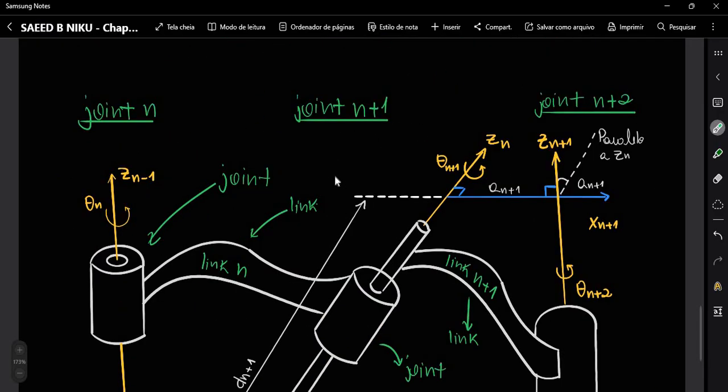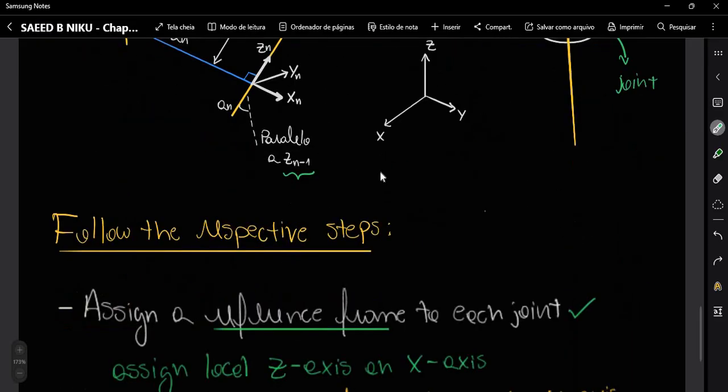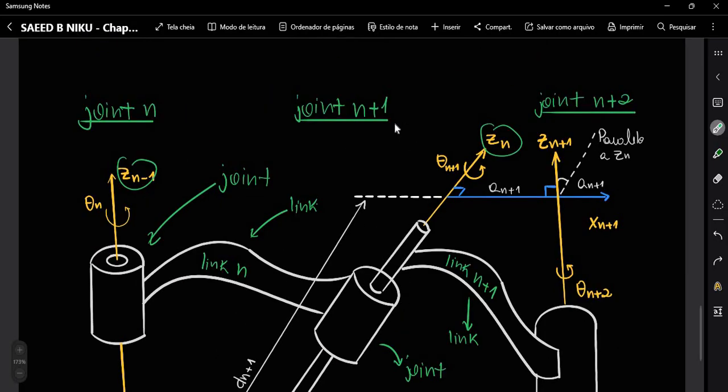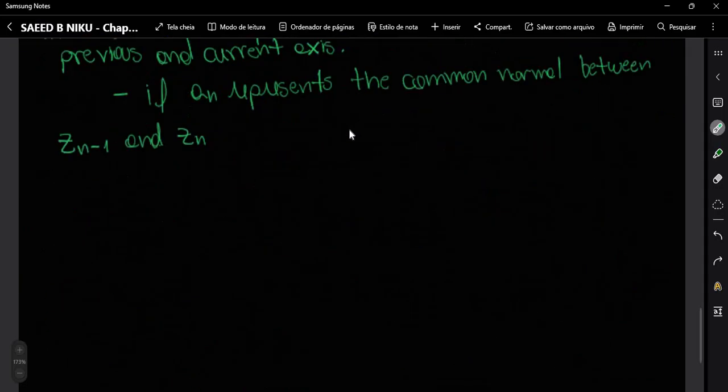So Zn and Zn minus 1, and the common normal in between this axis is this one. So the direction of Xn is along An.